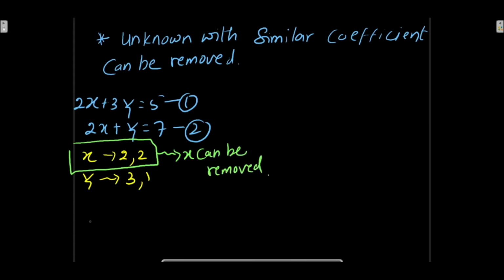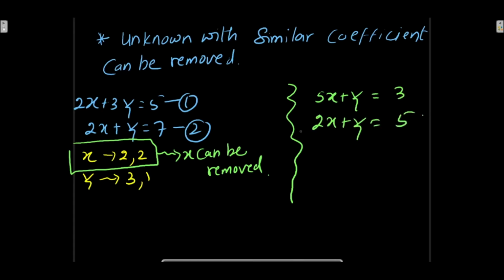Have you got that one? Yes. Check the next one, another example. 5x plus y equals 3. 2x plus y equals 5. So what are the x coefficients? 5 and 2.